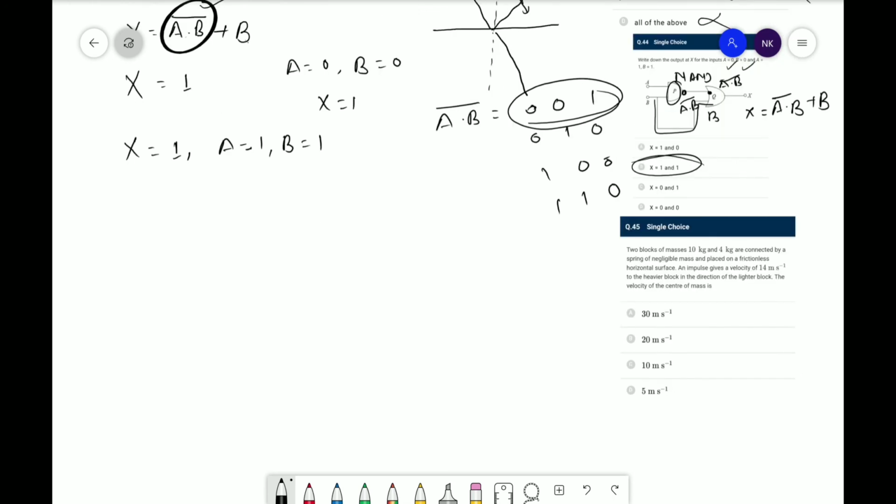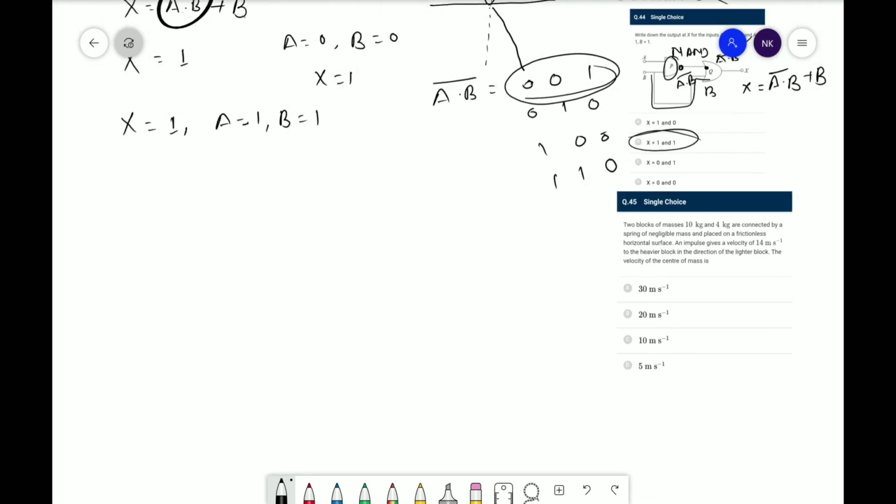Now the next question is from the center of mass, and from center of mass you will always get a question which is very easy. Two blocks of mass m1 is equal to 10 and m2 is equal to 4 kilogram, connected by a spring of negligible mass placed on a frictionless horizontal surface. An impulse gives a velocity of 14 meter per second to the heavier block in the direction of the lighter block.